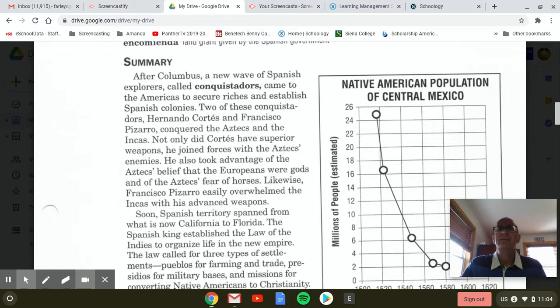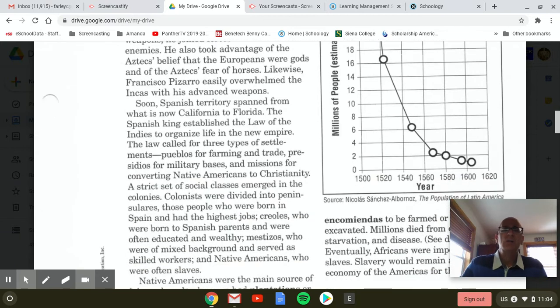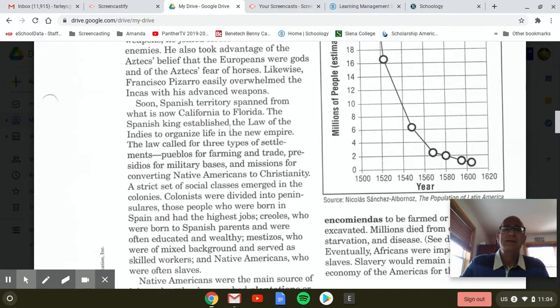And the fact that they had weapons, advanced weapons, guns, was a huge advantage. Soon, Spanish territory spanned from what is now California to Florida, and the Spanish king established the law of the Indies to organize life in the new empire.